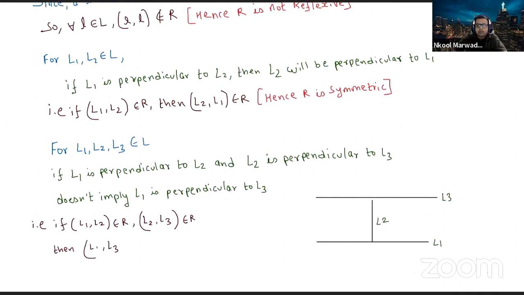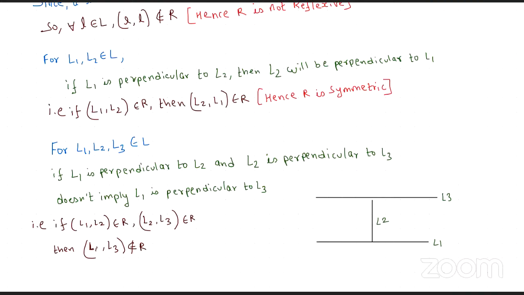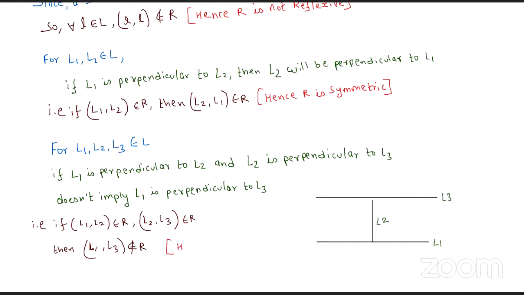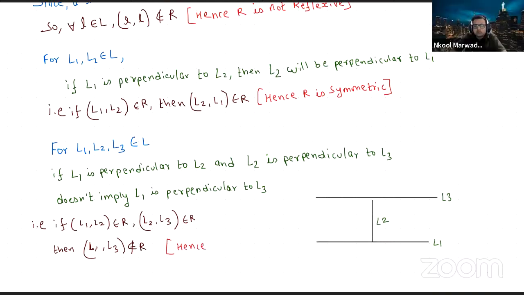And if they are not perpendicular, this ordered pair has no place in set R, because set R will only contain those ordered pairs which are perpendicular to each other, and hence transitivity is not followed. Hence, R is not transitive.